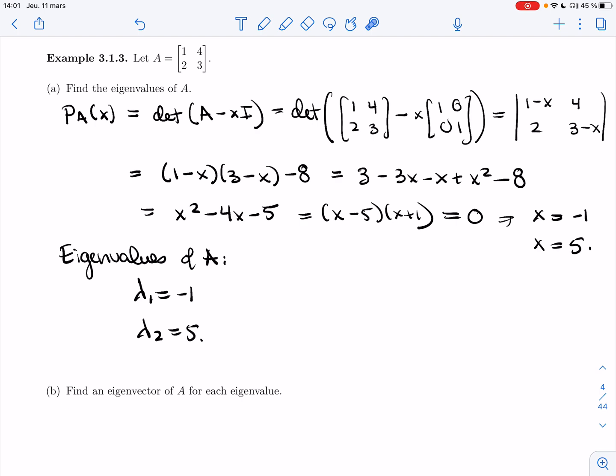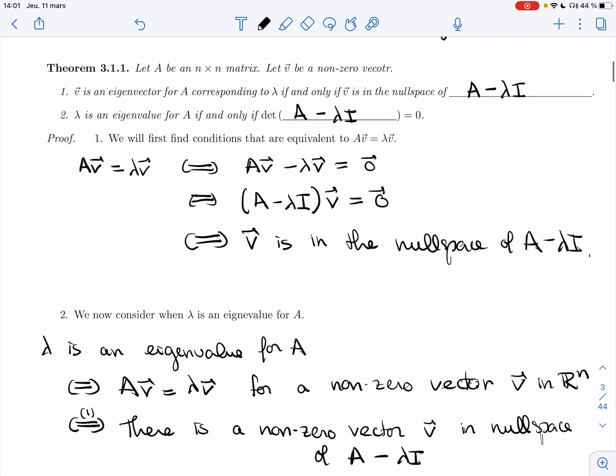All right, I'm asked to find an eigenvector of A for each eigenvalue. That means finding an element of the null space of A minus that lambda I that isn't 0. Right? The 0 vector would always work in this equation here, but it wouldn't be interesting.